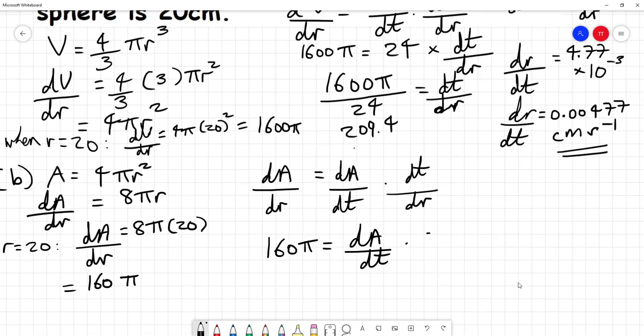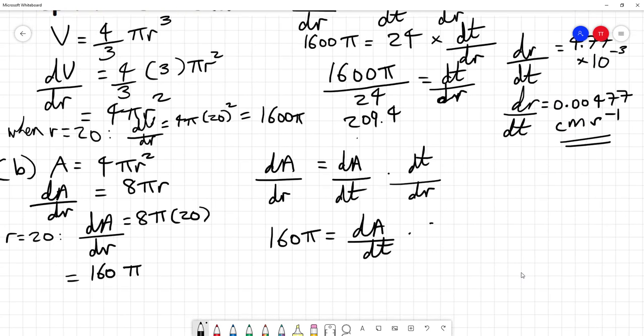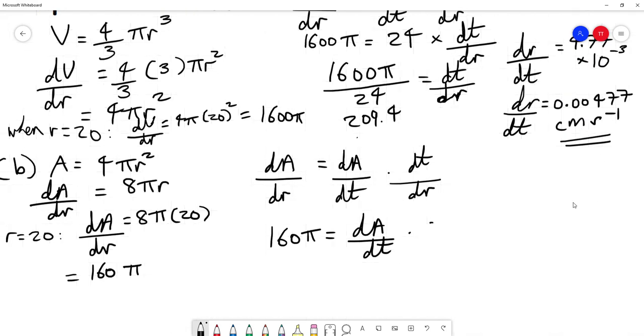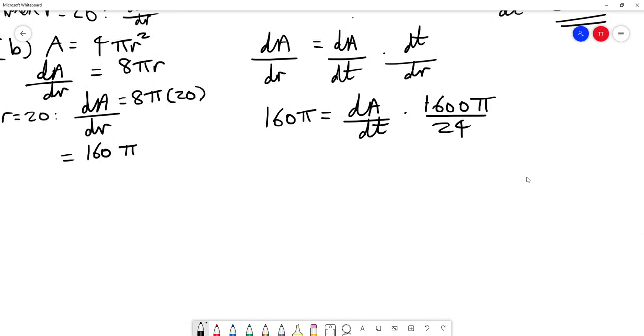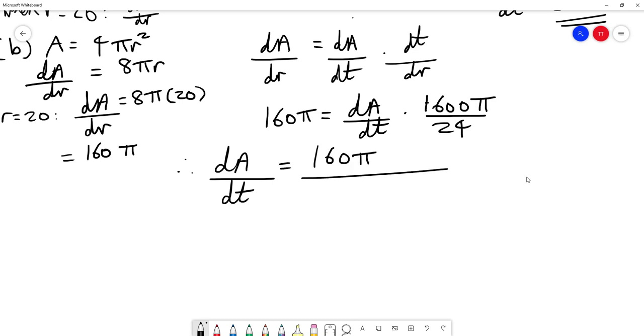We need to do the inverse of this, so it's 1600 pi over 24, and then we can divide these two to give me the answer that I need. So therefore dA by dt is 160 pi over 1600 pi over 24.